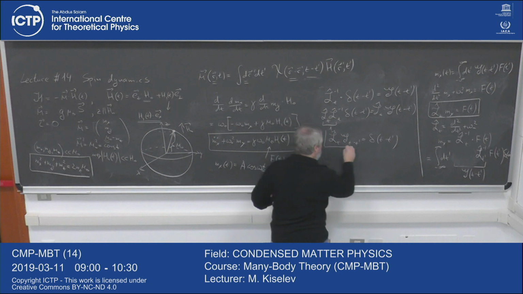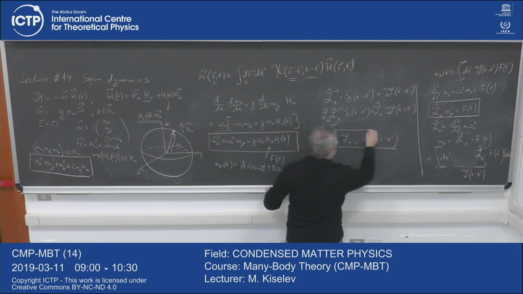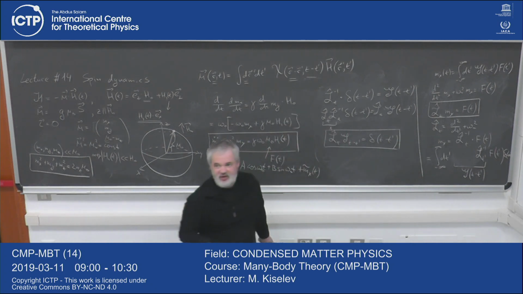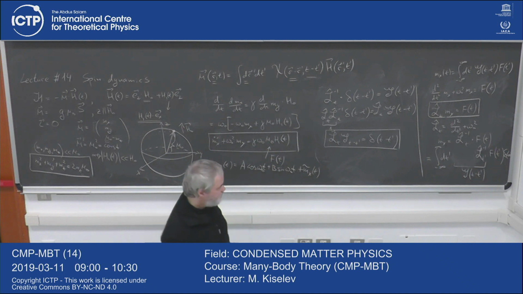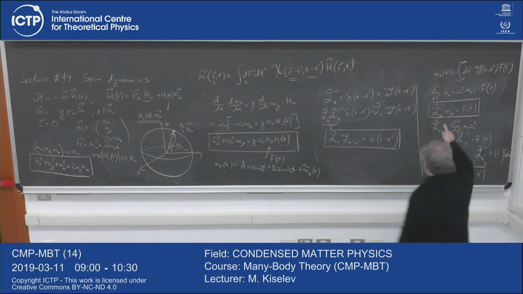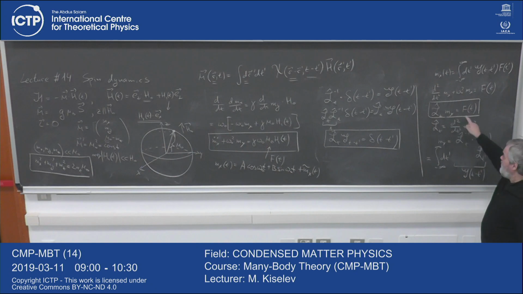So this is the differential equation which my Green function satisfies. So this is the differential equation for magnetization, and this is the differential equation for the Green function. Okay, so I'm going to construct the Green function taking a Fourier transform.